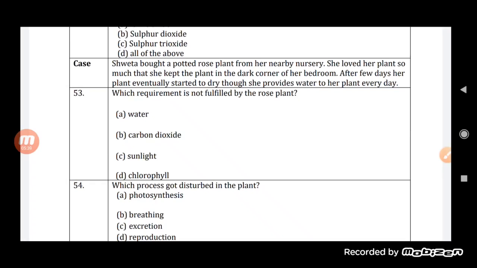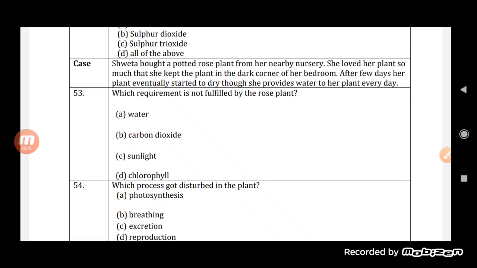Now see here, this is the second case, students. Shweta bought a potted rose plant from her nearby nursery, and she loved her plant so much that she kept it in the dark corner of her bedroom. After a few days, her plant started to dry, though she provided water to it every day. So which requirement is not fulfilled by the rose plant?